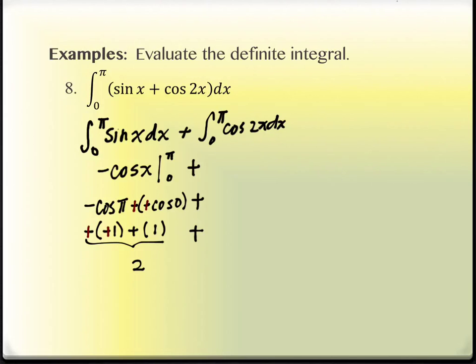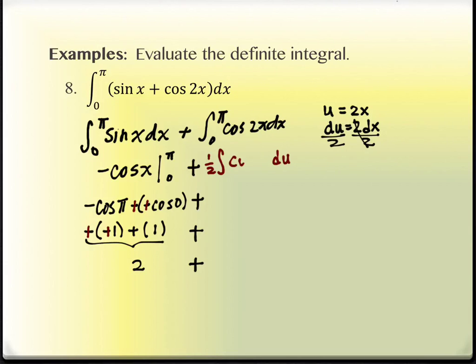And we're going to go through, I'm going to put pluses on everything because we've got the other half still to do, and it needs to be done with u substitution because I have an angle 2x. So what is my u? 2x. What is du? 2 dx. I don't have a 2 in my problem, so now what? Divide the 2 to the other side. So my dx gets replaced with a du and a 1/2 at the beginning.